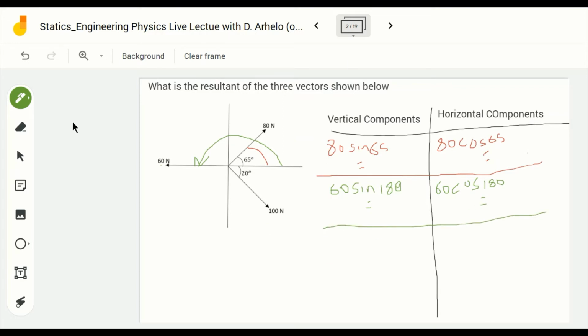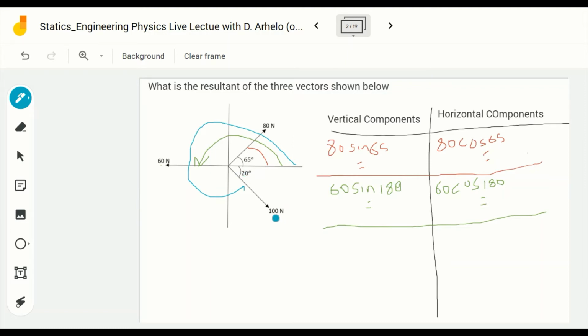Now the next vector is 100 Newton. 100 Newton from our positive x-axis, that is 340. As you know, a circle is 360, so 360 minus 20 gives us 340.